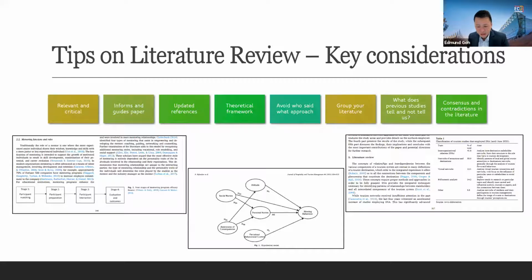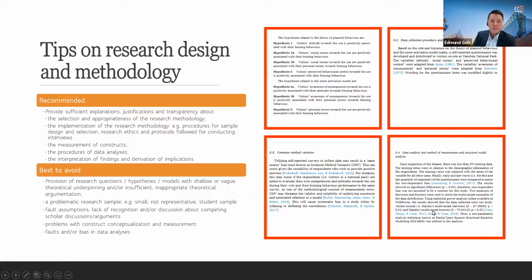And then the next we have is methods. My tips on research design and methodology. I always say this, that you can never ever hide a poor methods. It's just so obvious that you have not thought about a good method.